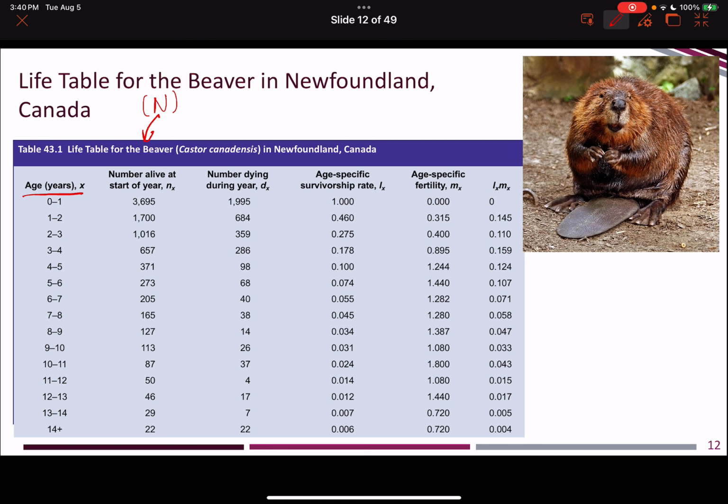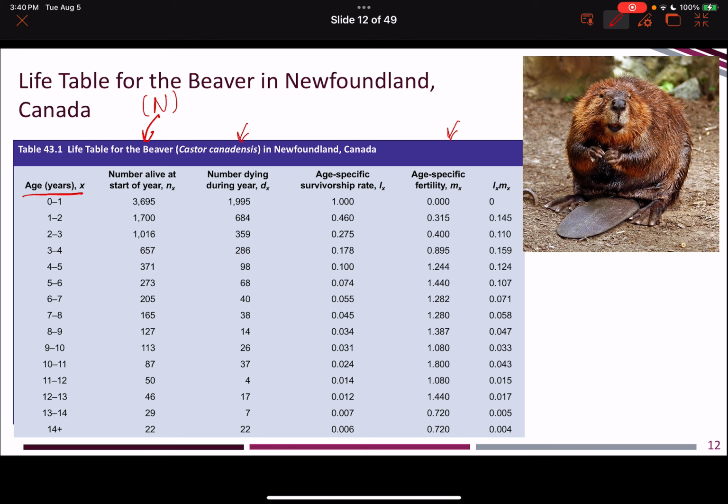We've also got the number of individuals that are dying in a particular year. This one doesn't very specifically show birth rate, but we can get a little bit of a clue based on the birth rate by the number that are dying, and then also this age-specific fertility.